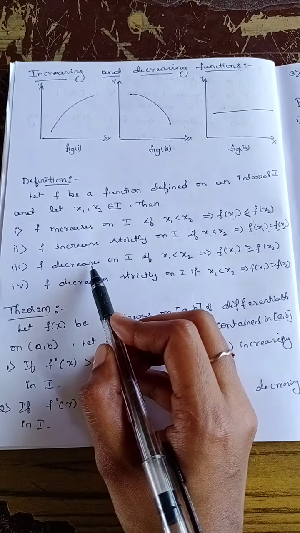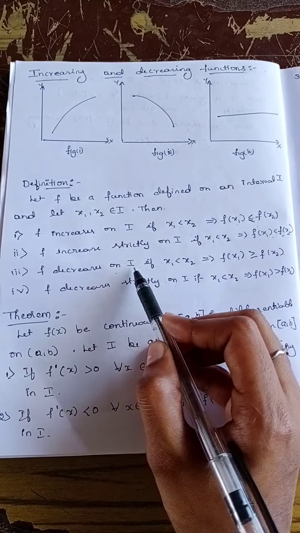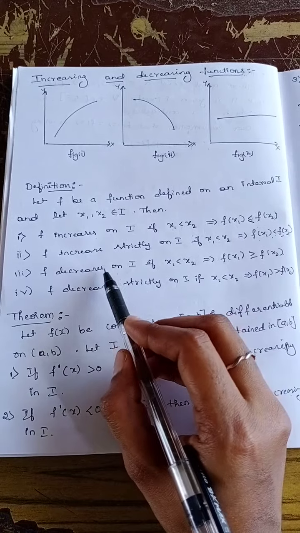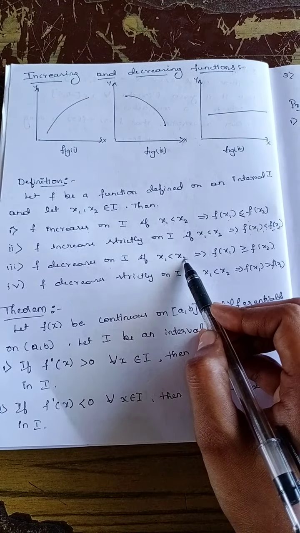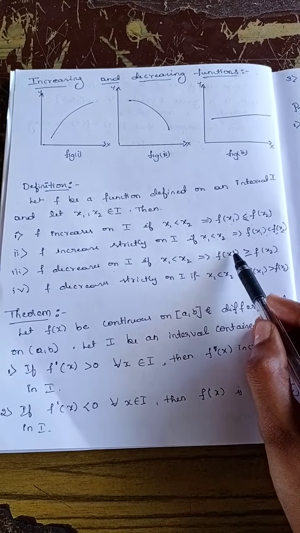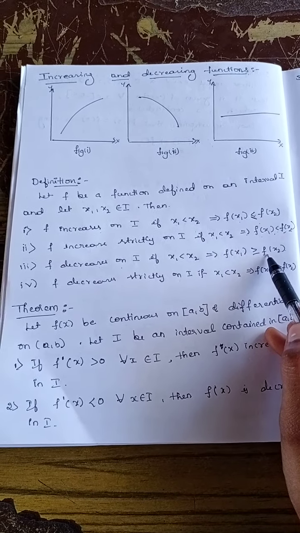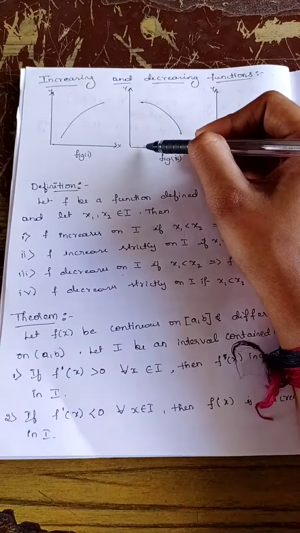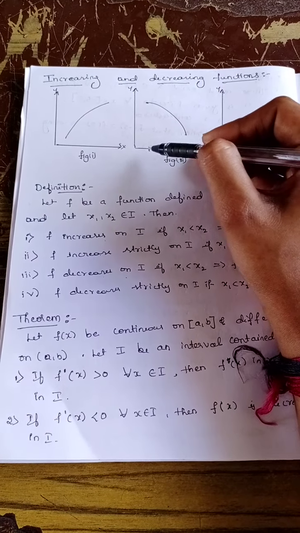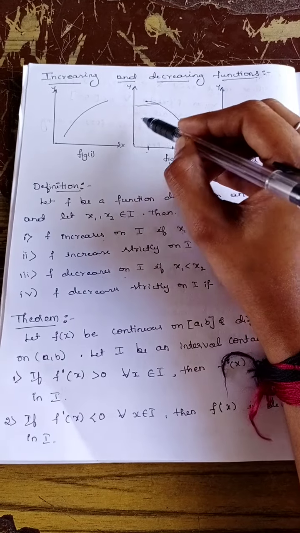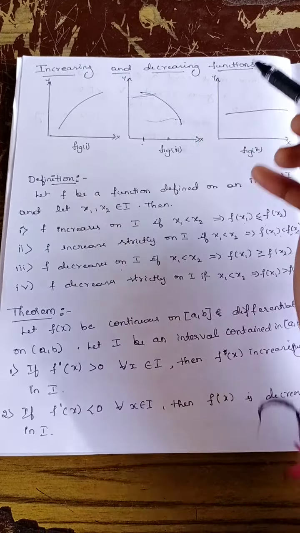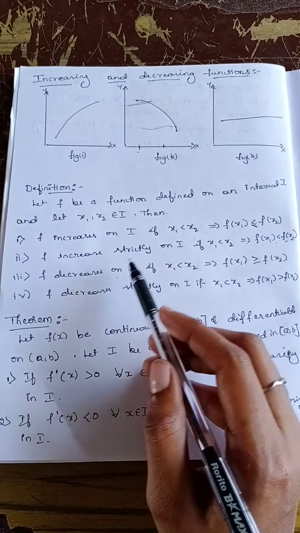Next is f is a decreasing function on I. F is said to be a decreasing function on I if x1 is less than x2, then f of x1 is greater than or equal to f of x2. See here, when x1 is less than x2, the function value at x1 is greater and at x2 is less, so this is called a decreasing function.